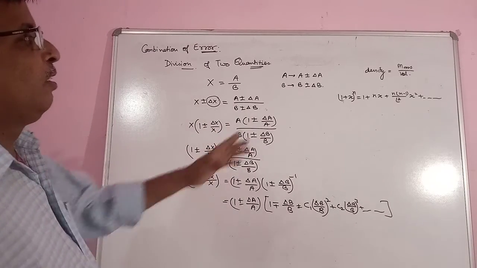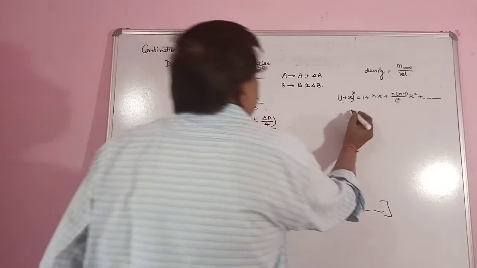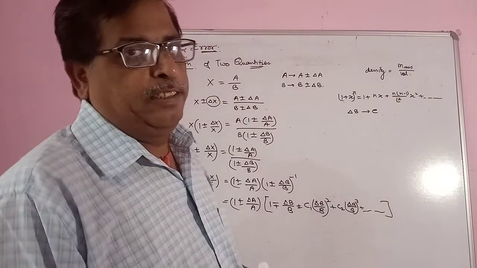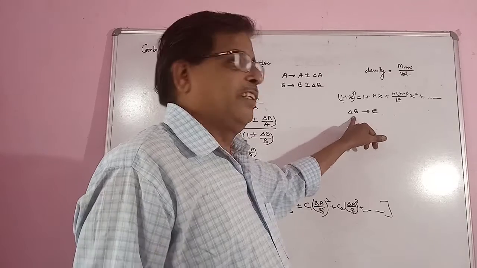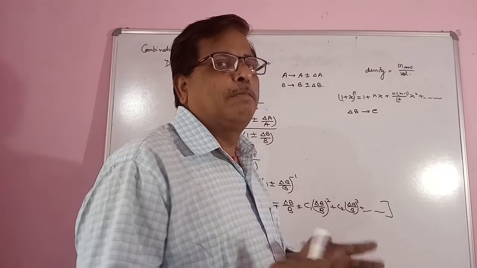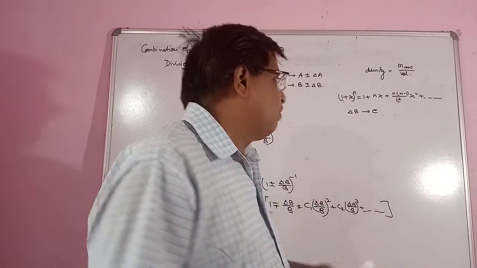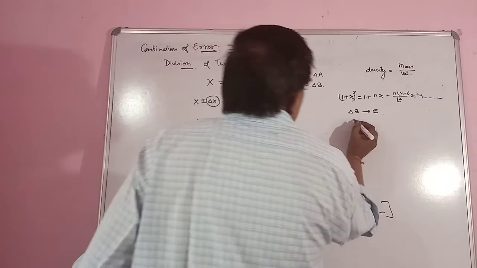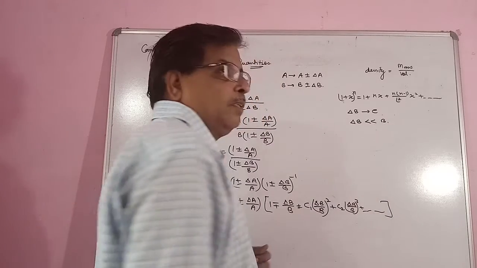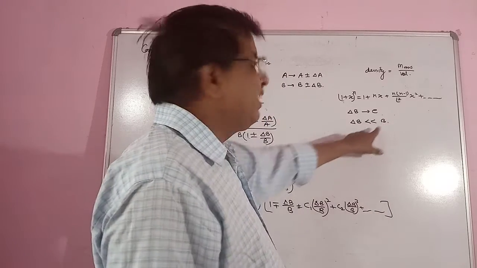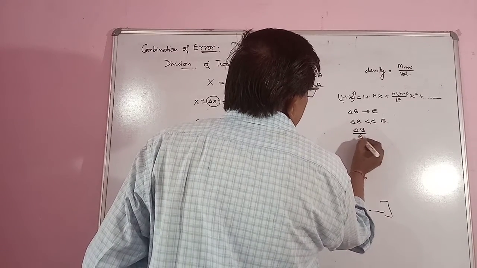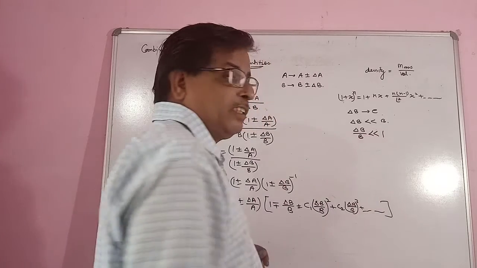Again, what is delta B? Delta B is error. Error is always very small as compared to the quantity itself, meaning the value of delta B will be very less as compared to B. So delta B upon B will be very less as compared to 1.